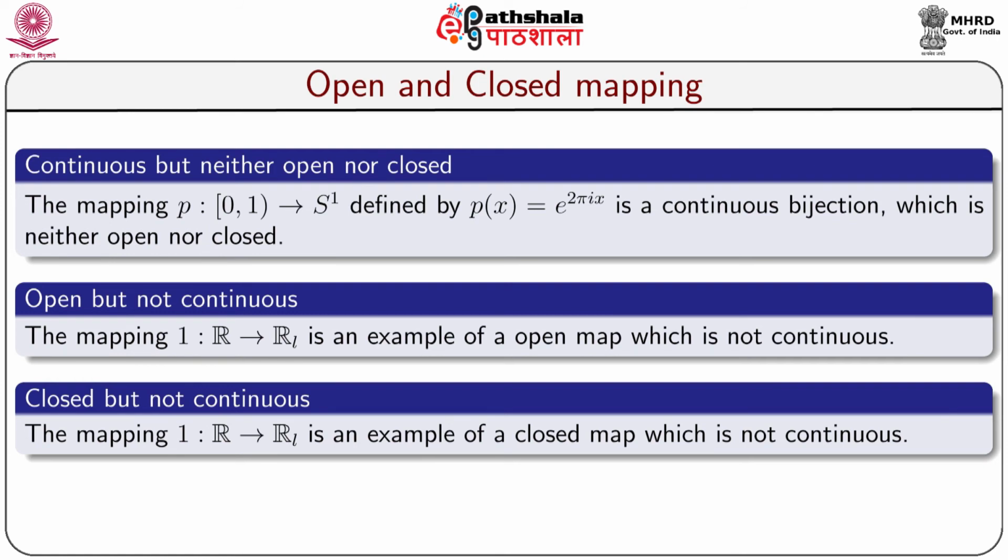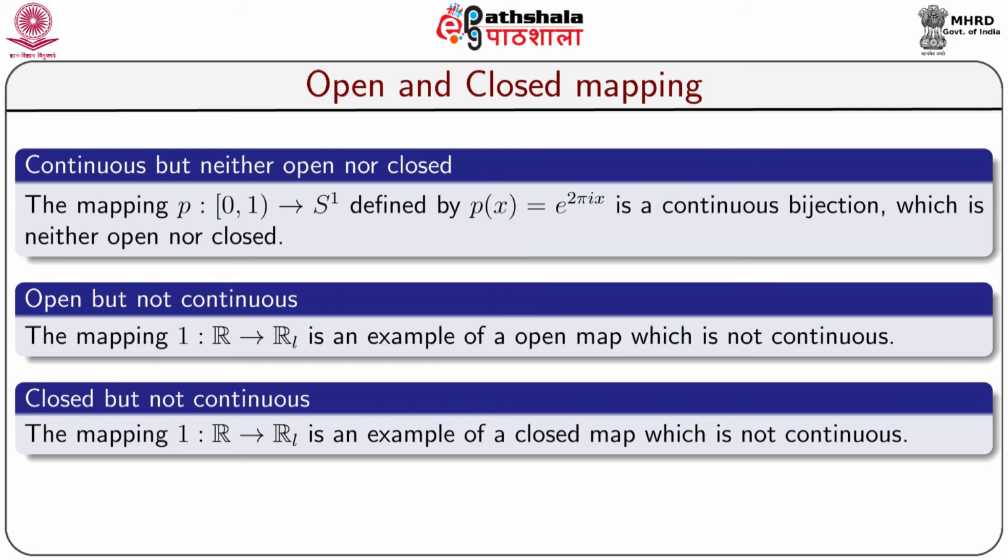We define the mapping P from the semi-open interval [0,1), that is 0 closed, 1 open, to S1, defined by P(x) equal to e to the power 2 pi i x. Obviously, this is a continuous mapping because it is a trigonometric mapping, but it is not open.